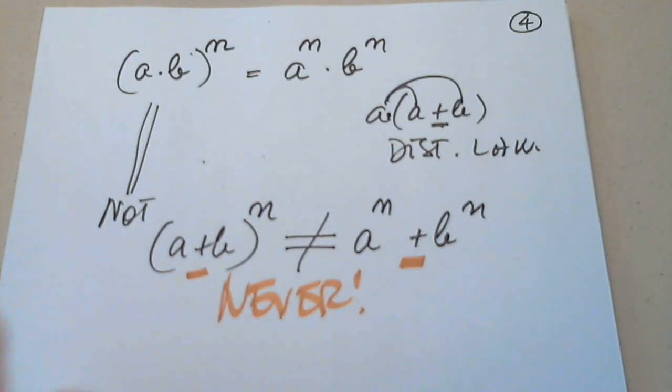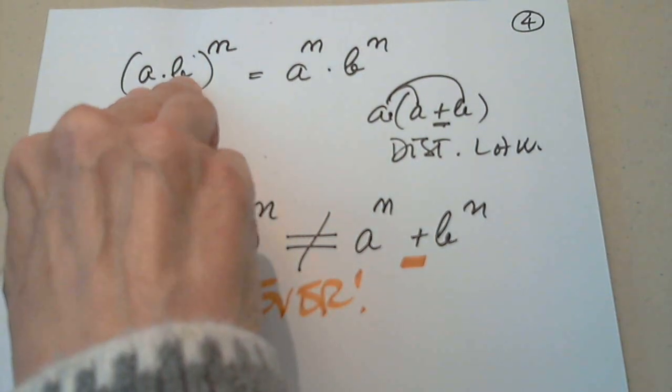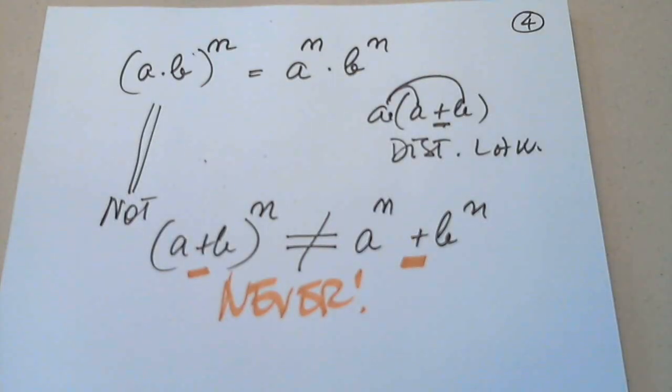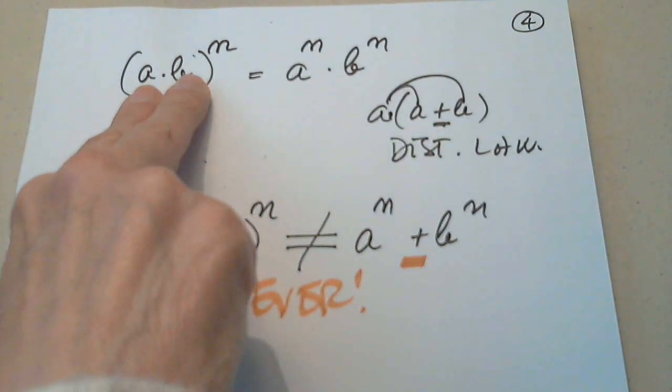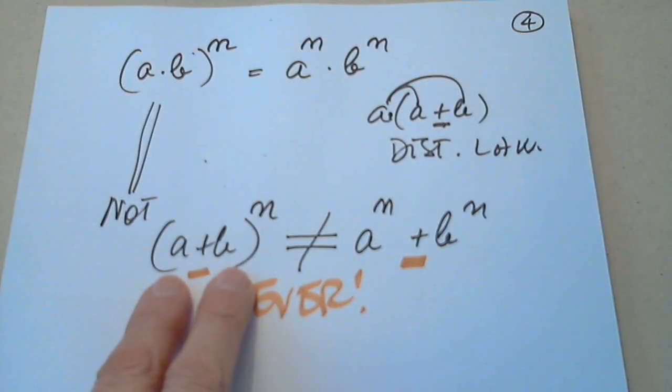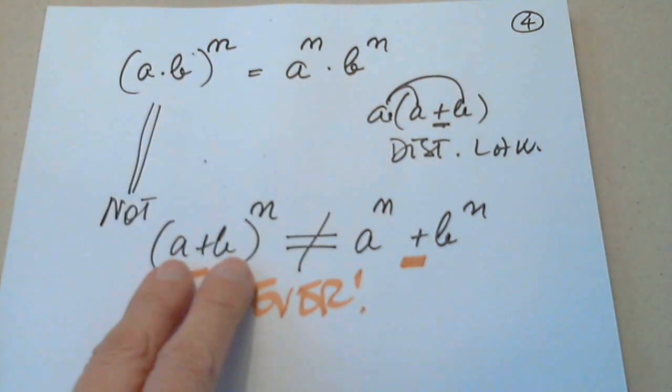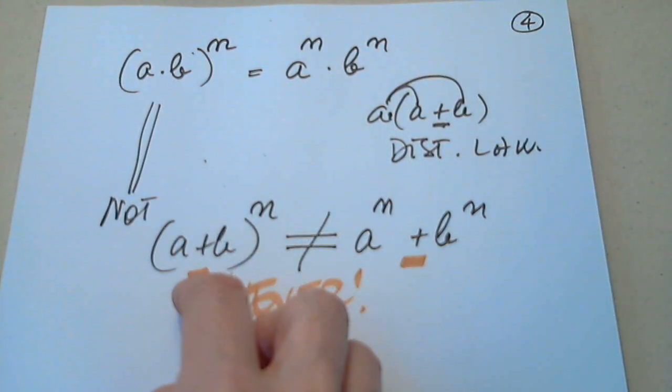Why? Because these are factors. Yes, Silas, you wanted to say something? Yeah, if it's not referred to as distributive law, what would it be referred to as? A power rule. Power rule. Yep, technically. So these are factors. These are terms. They're factors because they're multiplied. They're terms because they're added or subtracted.